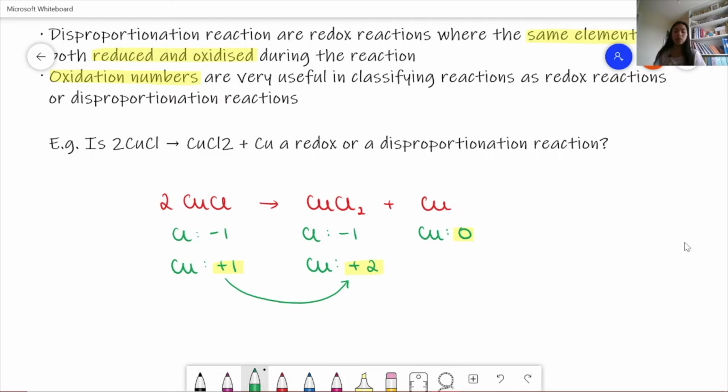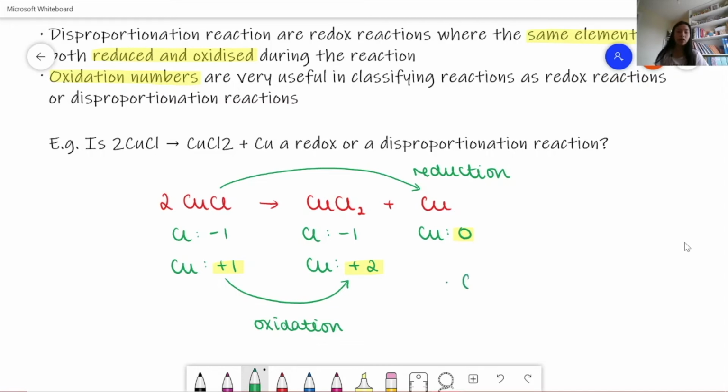And so this is where oxidation has occurred because we have lost electrons. But then from copper(I) chloride to copper, it's been reduced. So this is reduction because the oxidation number has gone down from +1 to 0. And so we can see that the copper in copper(I) chloride has been both oxidized and reduced during the same reaction. And so this is a disproportionation reaction.